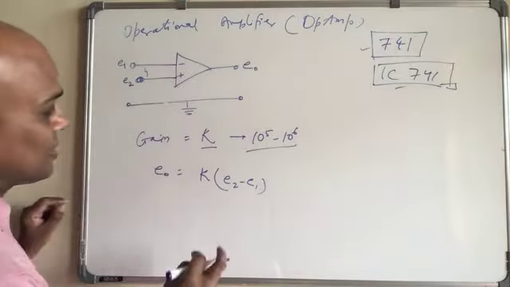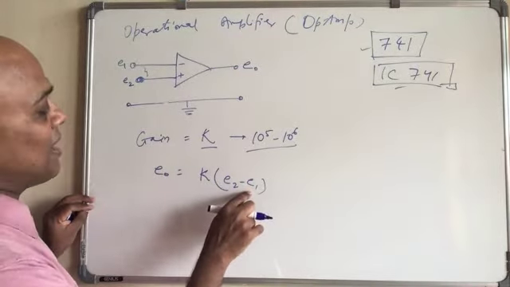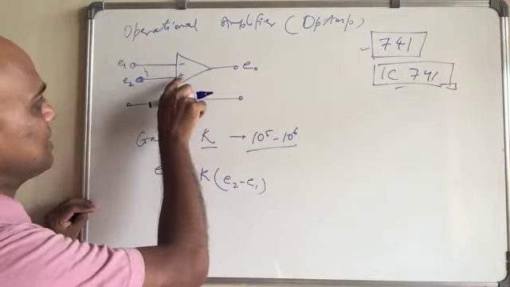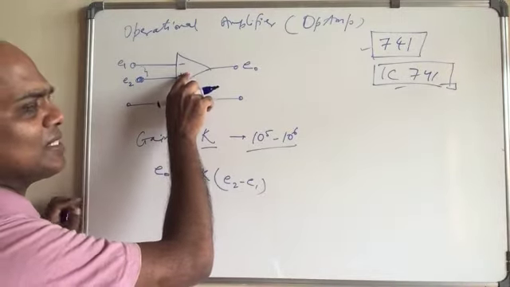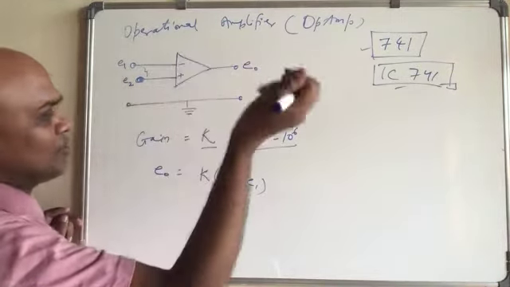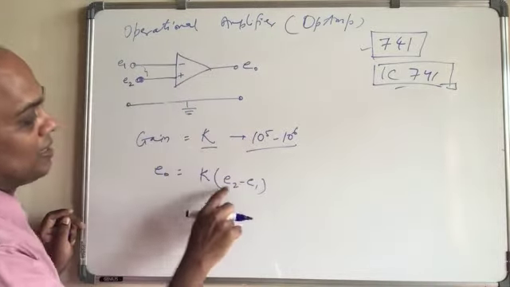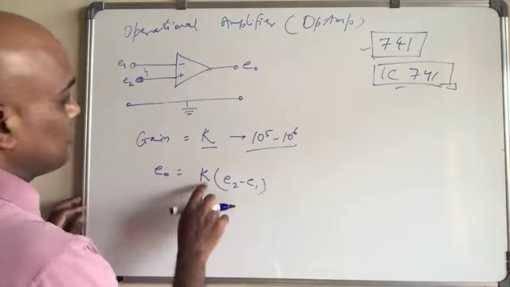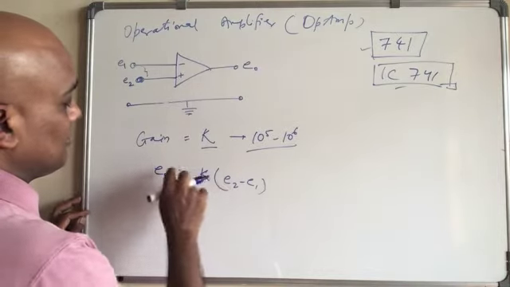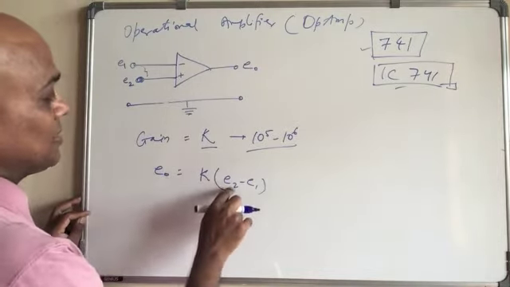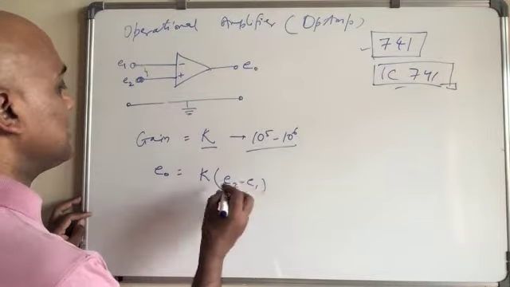So K times (E2 minus E1), because this one is supposed to be at the higher potential and this one is lower. So E_out equals K times (E2 minus E1). This is the equation.